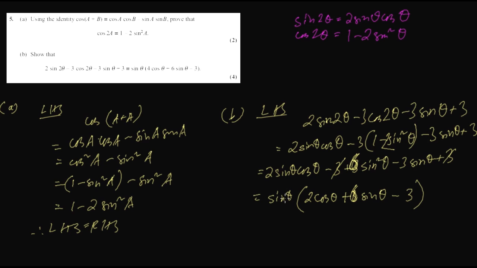So this should be 2, there is a 2 here also, so 2 2s are, this should be 4, so 4 cos theta plus 6 sine theta minus 3. Okay, now it is correct. So this is what we have to prove. So left hand side equals to right hand side proved.